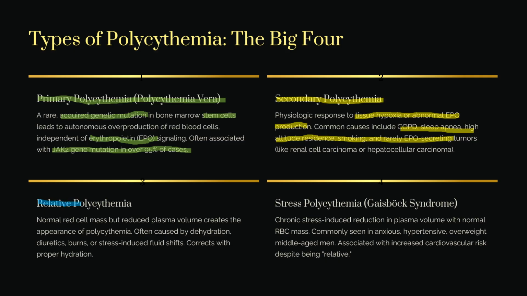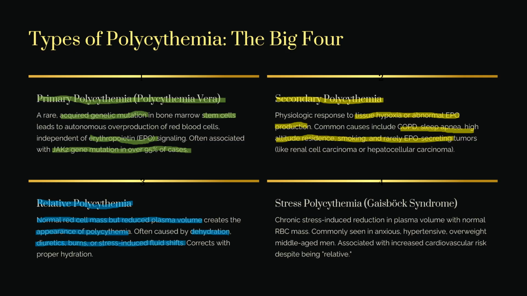Next, relative polycythemia. What is relative polycythemia? Normal red cell mass but reduced plasma volume. Normal red cell mass means the amount of red cells is normal, but the plasma volume is reduced, so the viscosity increases, giving the appearance of polycythemia. It is often caused by dehydration, when there is less water in the body, diuretics, where enough water is released from the body, and burn or stress-induced fluid shift.